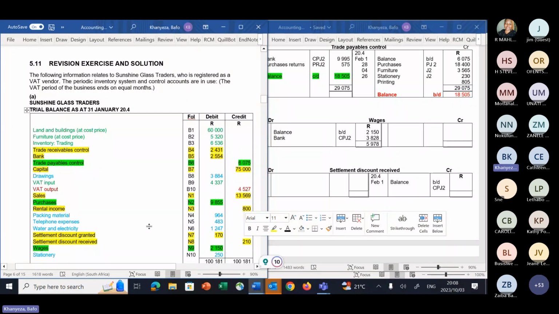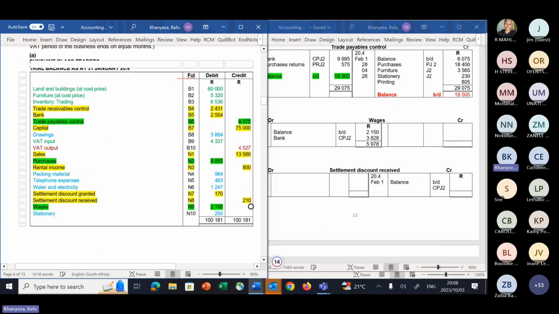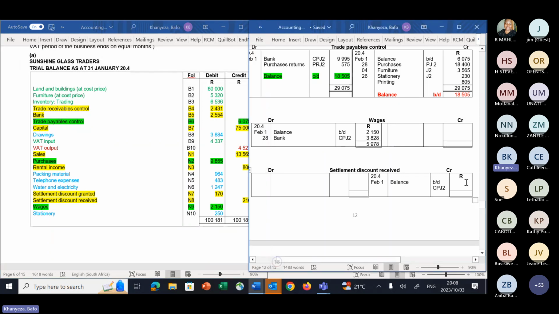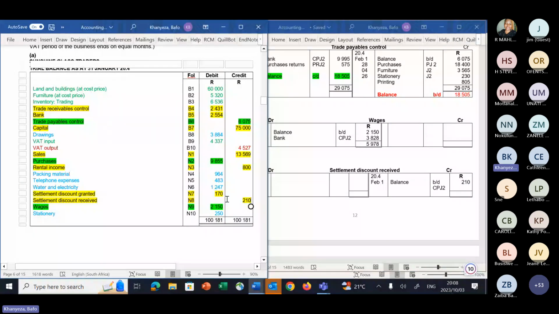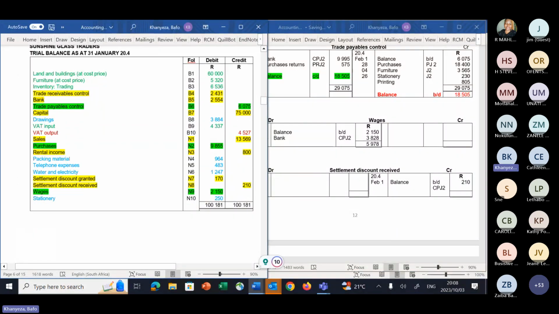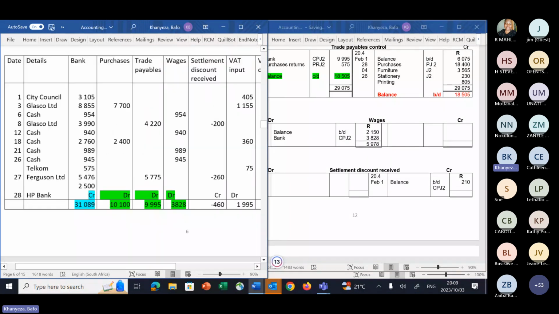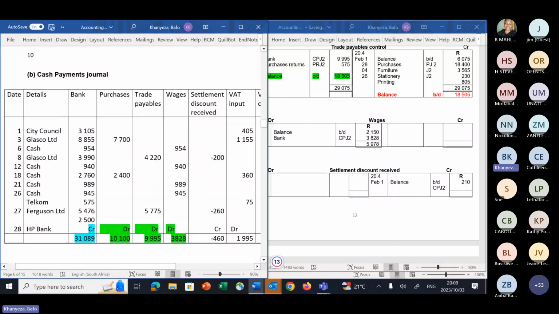So it's more like it's income. So the balance is 210. Here is this 210.